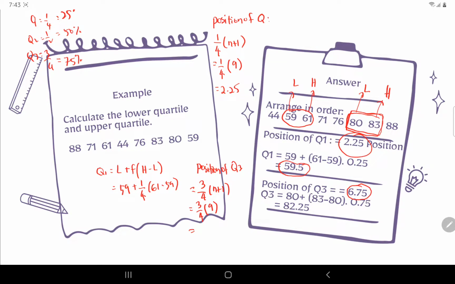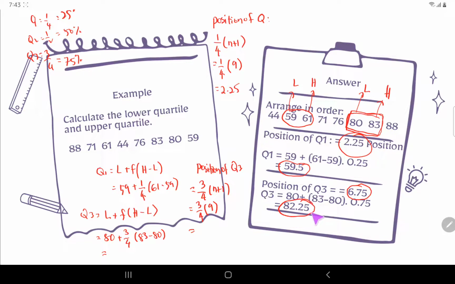To calculate Q3, we are using the same formula, L plus F, H minus L. So this time our L is 80 and our F is 3/4 and H is 83 minus 80. So the answer will be this one, 82.25.